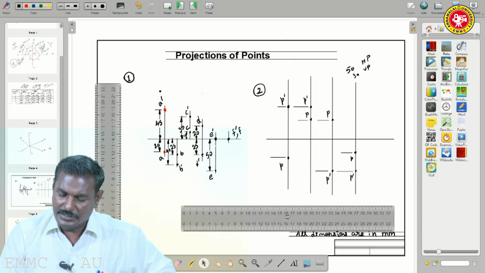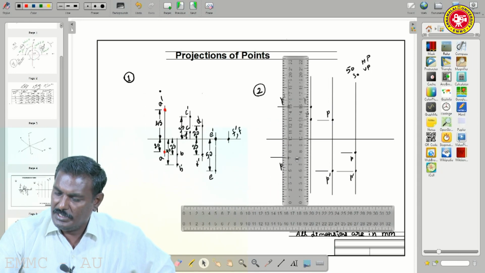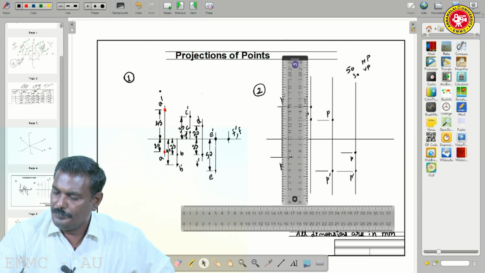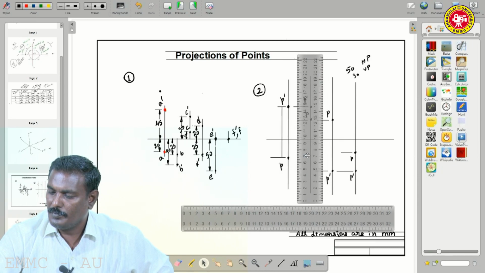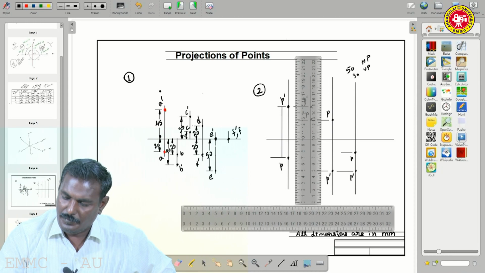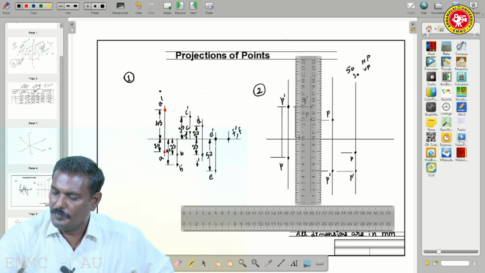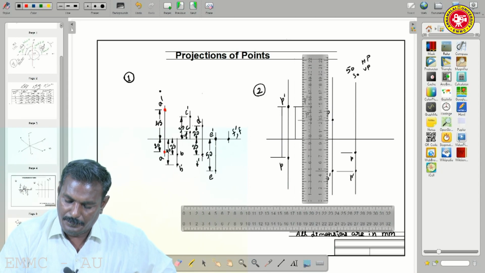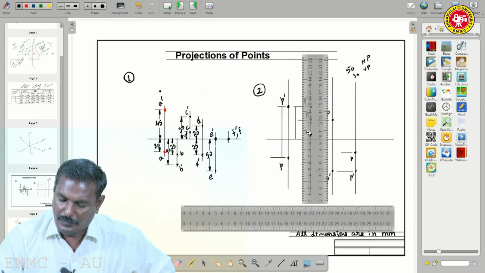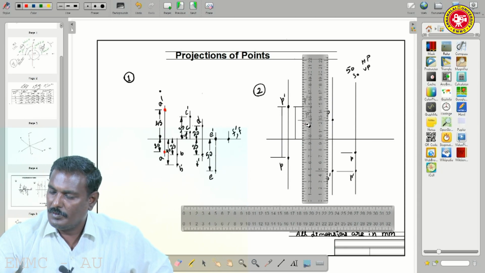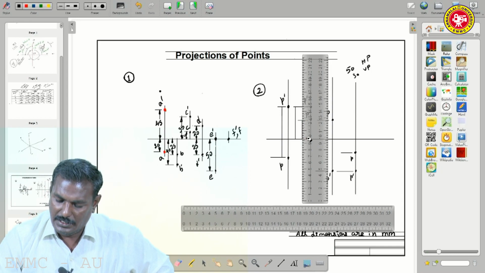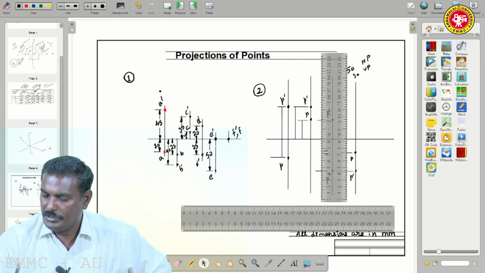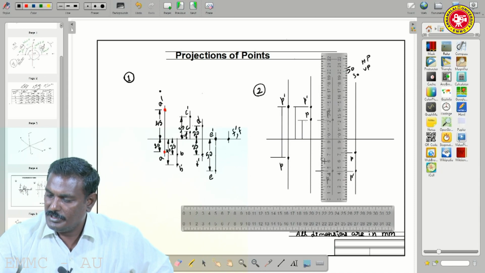By use of a perpendicular scale, draw a dimension line. Similarly for this, draw a dimension line. The next one here, draw a dimension line.